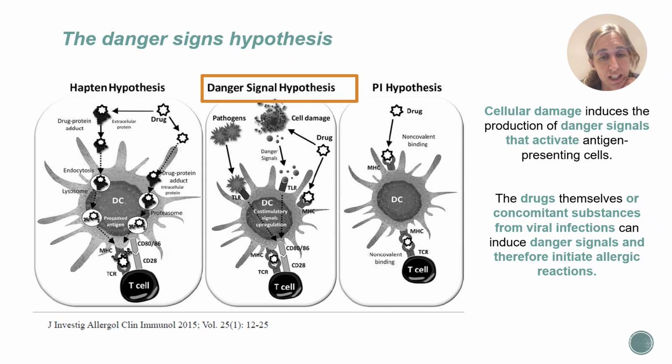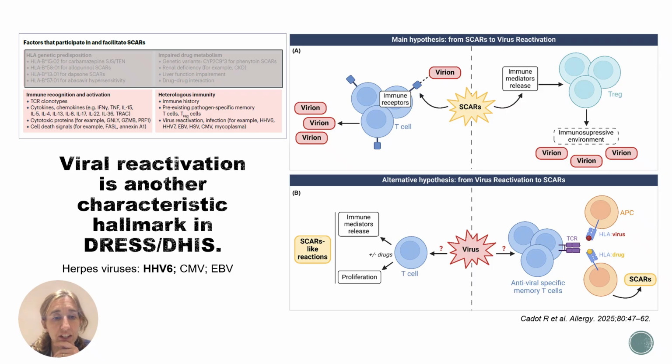Also, pathogens that activate TLRs on dendritic cells, and we have important activation of antigen-presenting cells that are favoring the drug recognition. So the drugs themselves, or concomitant substances from viral infections, are the ones that can induce danger signals, and therefore initiate all the loop of the allergic reaction leading to SCARs.